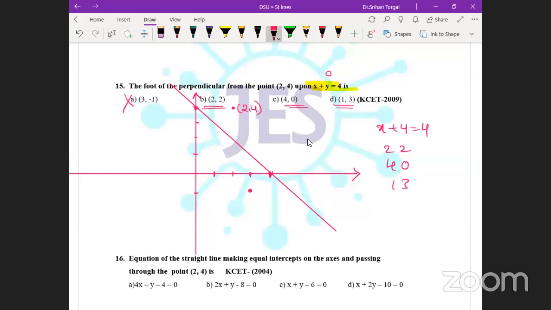But we need to identify the proper result. So let me take this (2, 2) here.